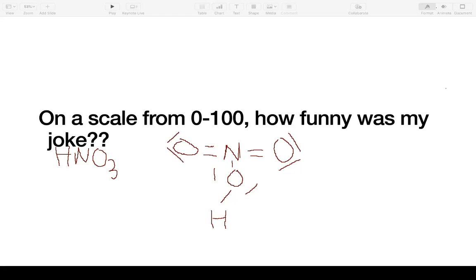So yeah, let's draw this nitric acid out. We could start off with what you've drawn here. One way that we could remedy this, because the nitrogen has 2, 4, 6, 8, 10, is to get rid of one of the double bonds and move it over to the oxygen. So it would turn into an oxygen on this side with the 3. And unfortunately, we're going to have to do the oxygen like this.